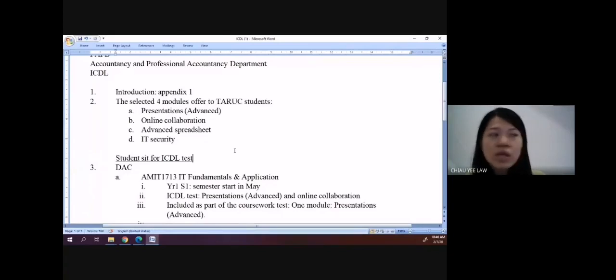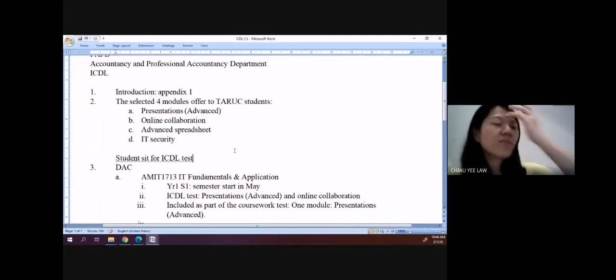I'm a member. In my time we didn't have the ICDL test, but next year we will be required to sit for it, so I might also need to sit for this exam.